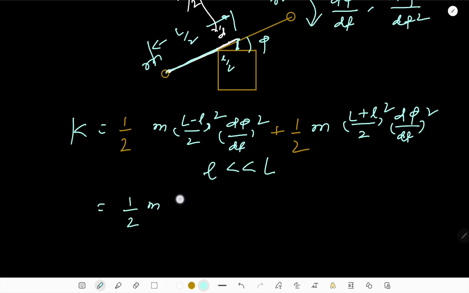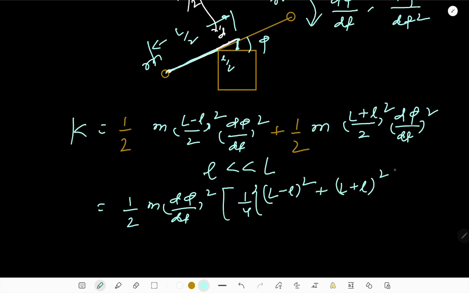Half m d phi by dt square is common. So we got what? We got 1 by 4 (L minus l) square plus (L plus l) square.